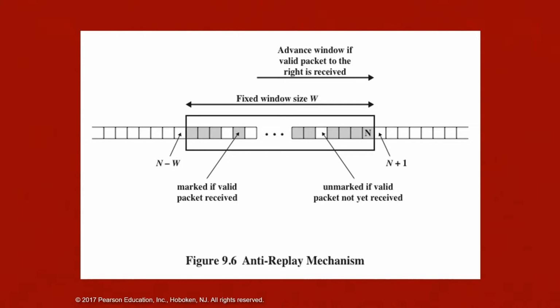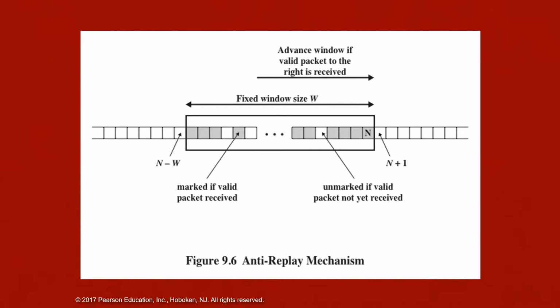The right edge of the window represents the highest sequence number N so far received for a valid packet. For any packet with a sequence number in the range from N - W + 1 to N that has been correctly received, i.e. properly authenticated, the corresponding slot in the window is marked.